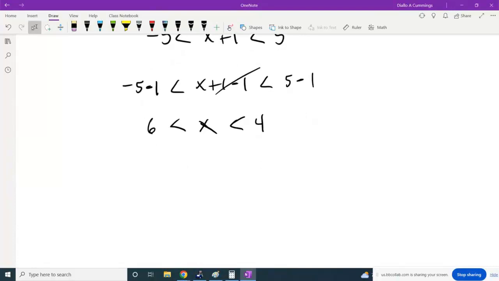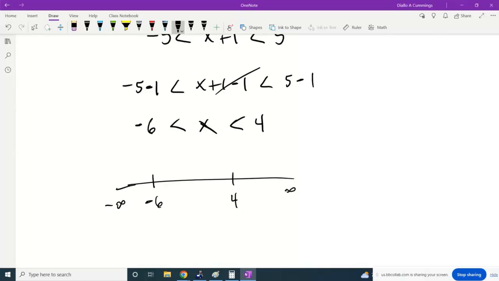So I'm going to make a rough sketch of a graph. And this should be negative 6, excuse me. Negative 5 minus 1 is negative 6. So I'm going to put negative 6 to the leftmost, 4 to the rightmost.